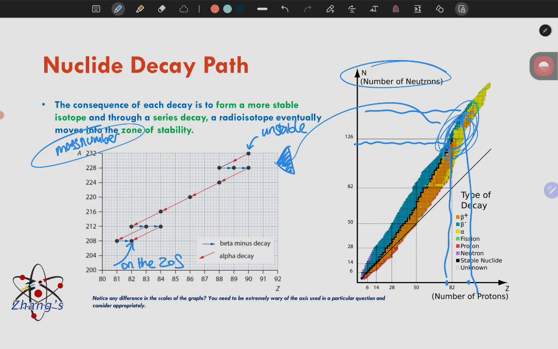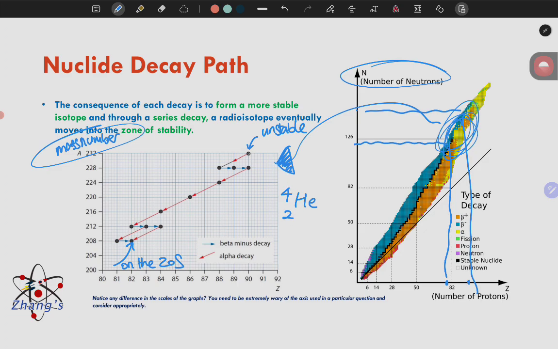So I'll give you an example later, but for now let's just focus on if your y-axis was the mass number. So if your y-axis is the mass number and you have an alpha decay, then you're effectively releasing this thing here, right? So you drop in mass number by 4 and you drop in atomic number by 2.